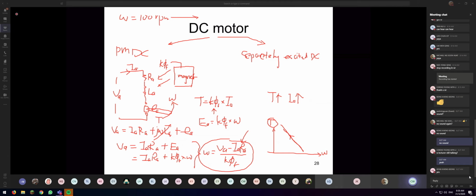So you have to convert it into the SI unit, radian per second. The conversion method is very simple: 100 multiplied by pi divided by 30. This will give you radian per second. This is a very important conversion. When you want to use this formula for calculation, you need to convert the RPM into radian per second. Please be aware of this.